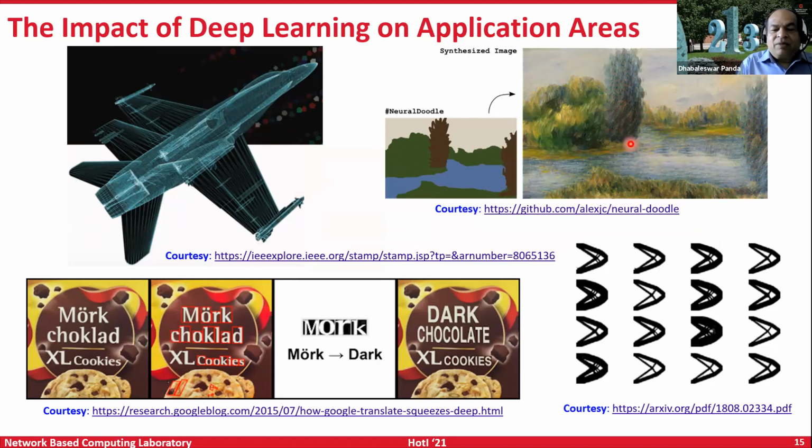Here is another example, from a traditional arts category, let's say Picasso. Picasso has been a big painter, has painted marvelous pictures in the past. Can the machine learn how to paint like Picasso? If I give a doodle, can the machine, based on the learning, try to paint as if Picasso would have drawn it?